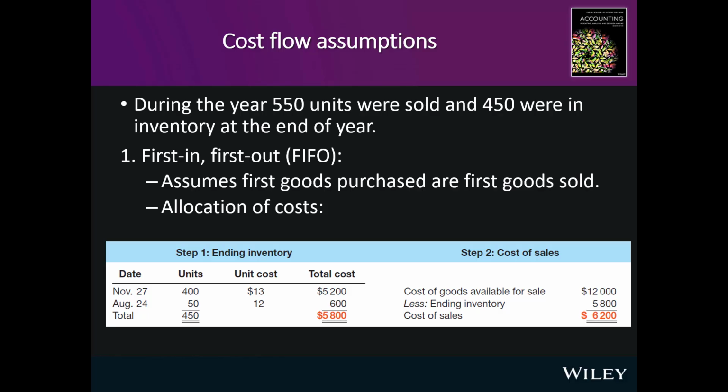That will be 1,000, this one is 2,200, and this one will be 3,000, right? So if you get the total, 6,200. You can see here, that is the cost of sale. Okay, clear?